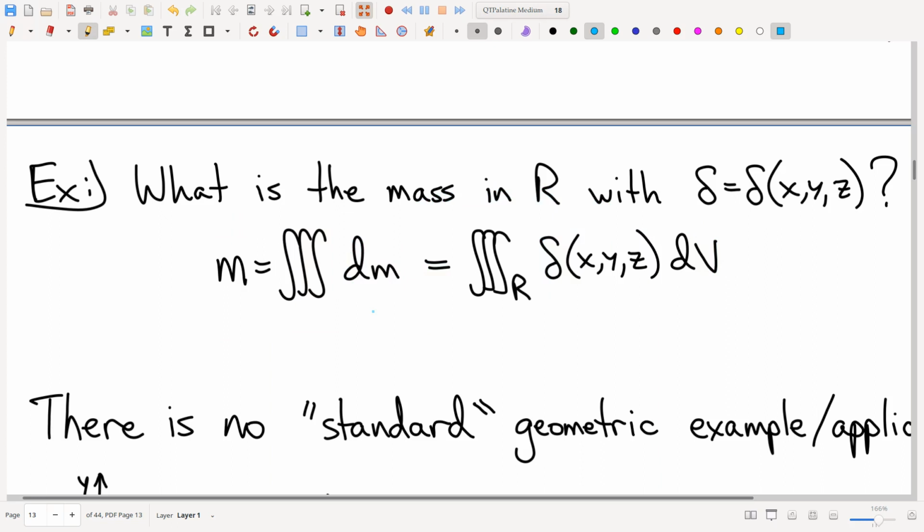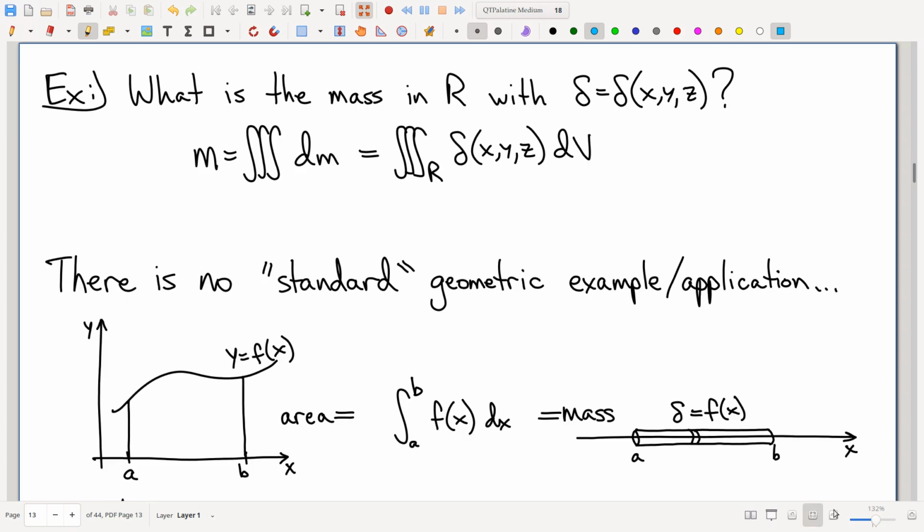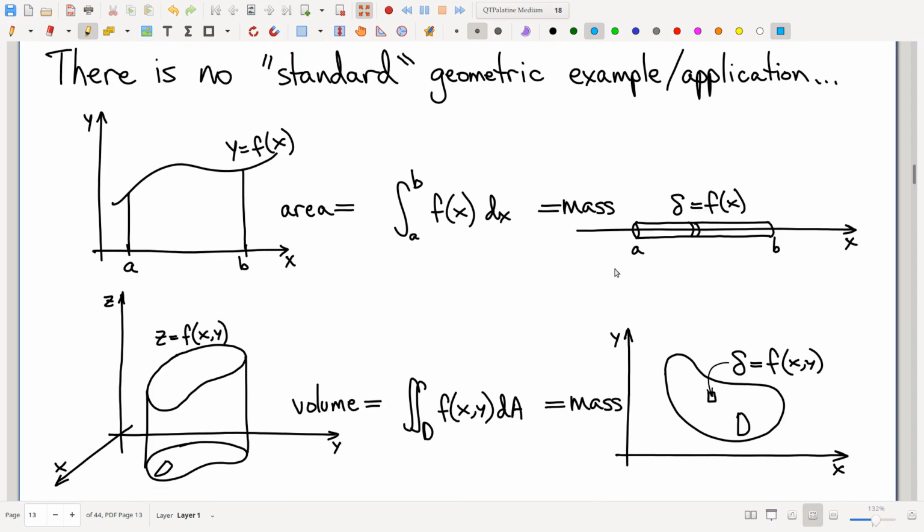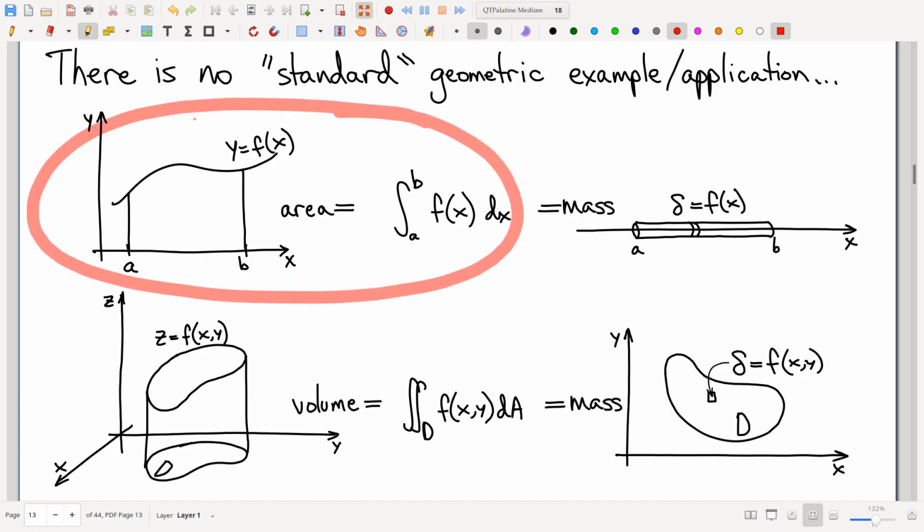Okay. Here's a warning before we get into the examples and further developments. How do we visualize this? And this, again, is kind of a little landmine here, and I want to make sure everybody sees the landmine so you don't step on it. I'm going to start with a reminder of single variable calculus, and here's how everyone gets single variable integrals presented to them for the very first time.